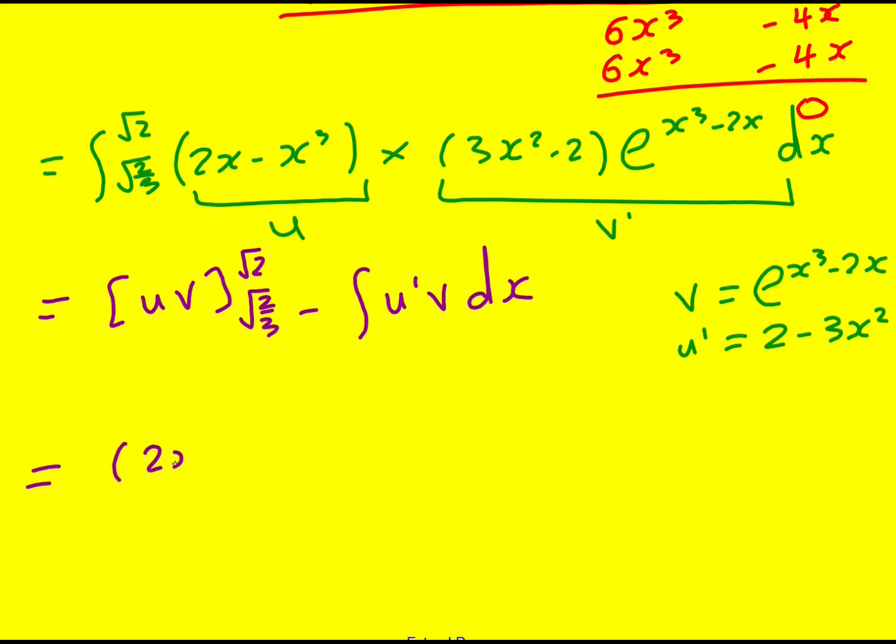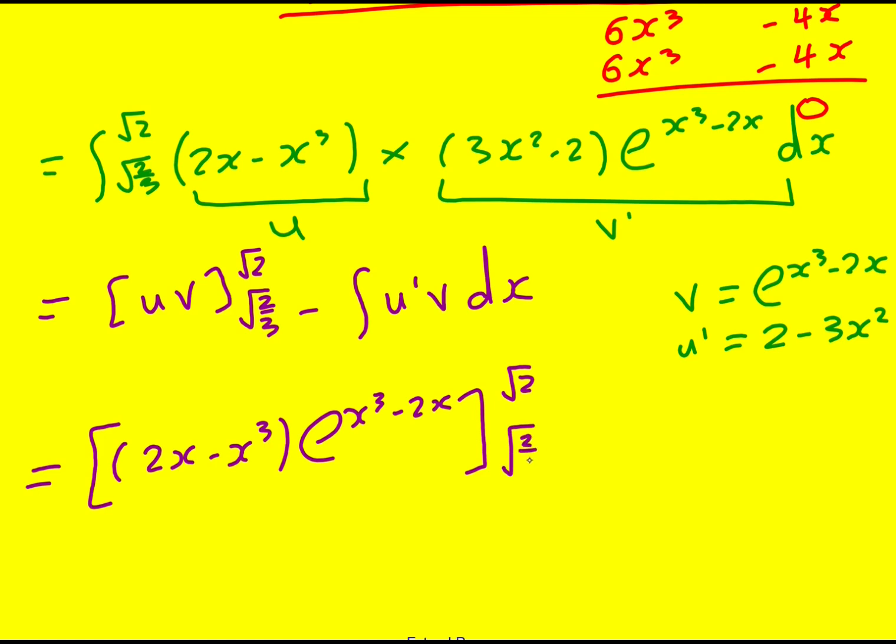We're going to get 2x minus x cubed multiplied by v, which is e to the x cubed minus 2x, evaluated in these limits, minus the integral of, it was u dash v, so that's 2 minus 3x squared times e to the x cubed minus 2x.